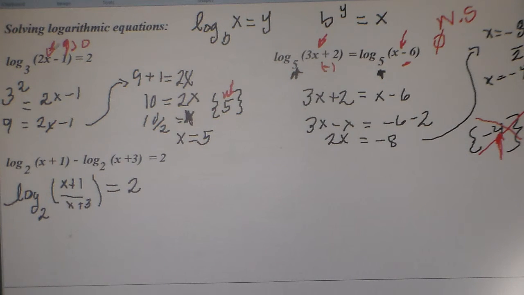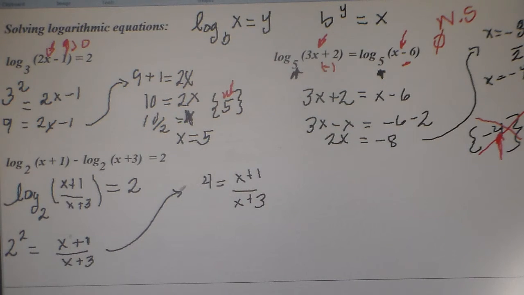Now we have a case like the first case I explained, where a single logarithmic expression is equal to a number. Then we do 2 to the second equals the argument, x plus 1 over x plus 3. Then 2 to the second is 4 equals x plus 1 over x plus 3.